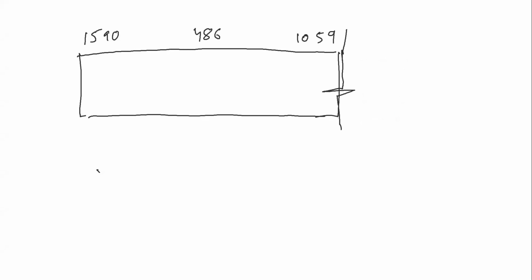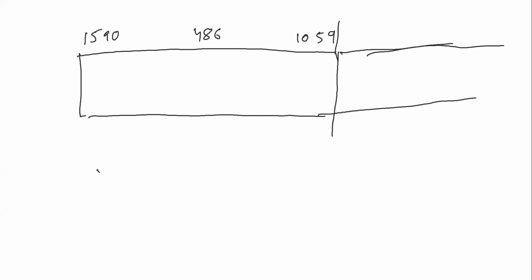This is one span and from here it is still continuing like this. Let us take this is the end over here. So here you are getting 1590, 486 and 1059, and at the bottom it is 971, 971 and 971.